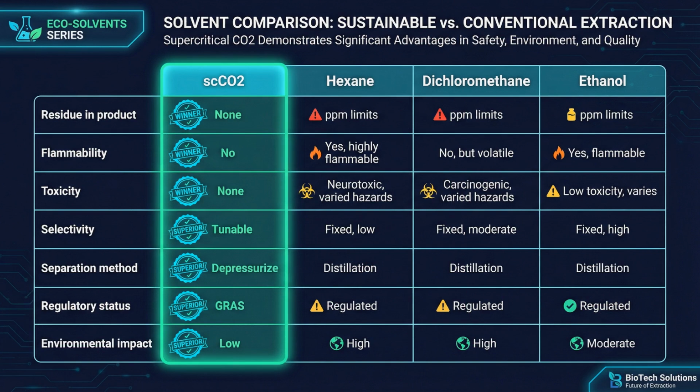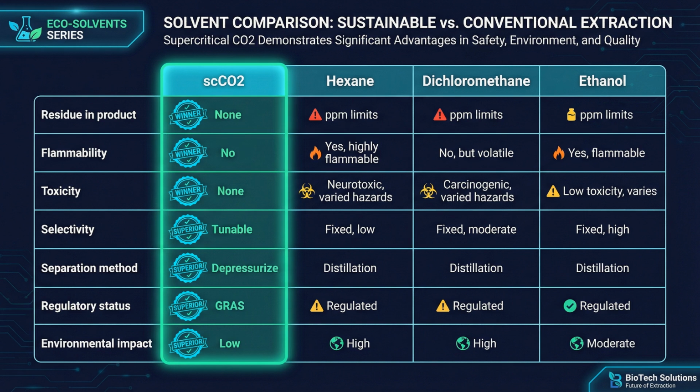Let's compare supercritical CO2 directly with conventional organic solvents. For residue in product, CO2 leaves none, while organic solvents require careful removal to meet parts per million regulatory limits. For flammability, CO2 is inherently safe, unlike most organic solvents. CO2 has zero toxicity, while others pose various health hazards.